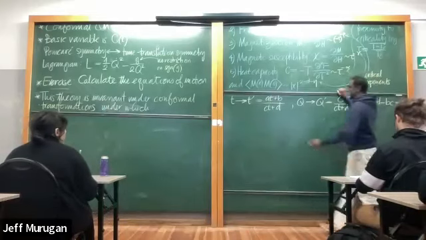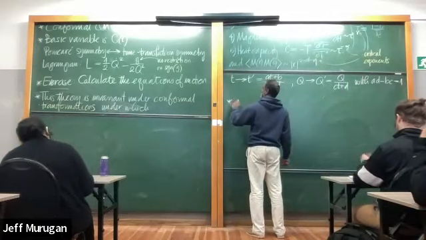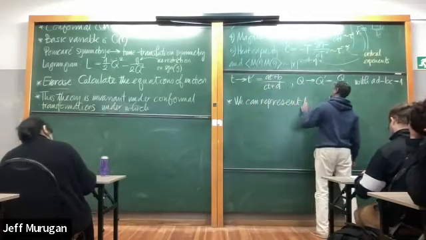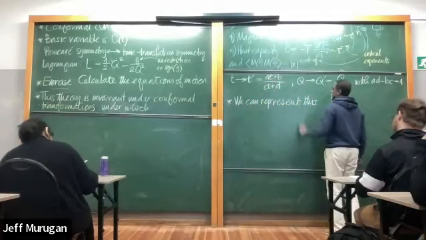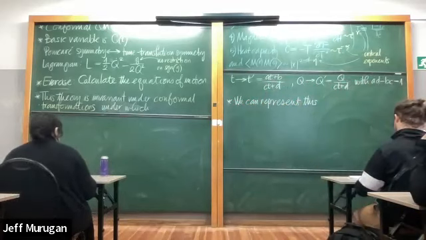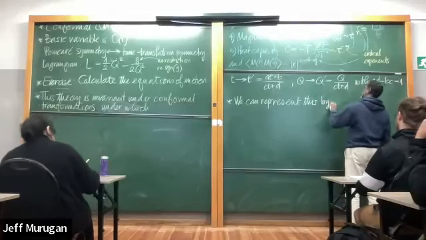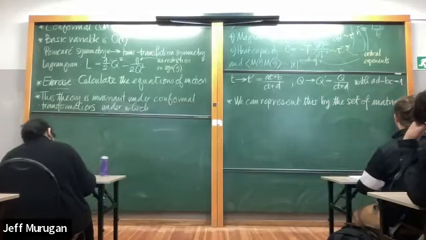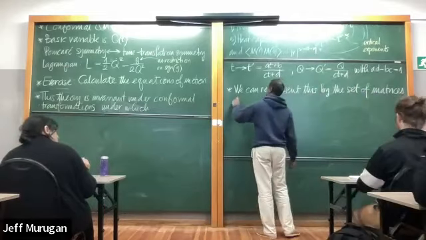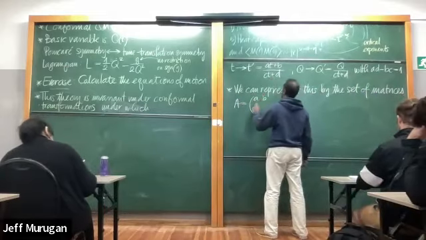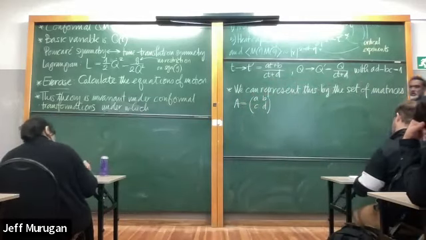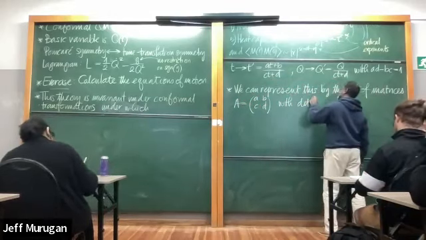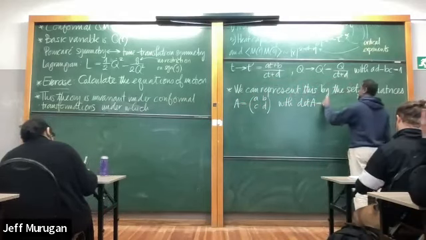Well, what this means is that we can represent this in the form of a matrix a, b, c, d with determinant ad minus bc equal to 1.